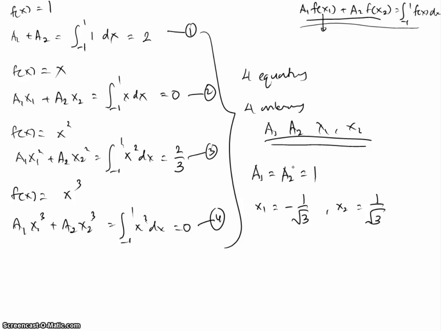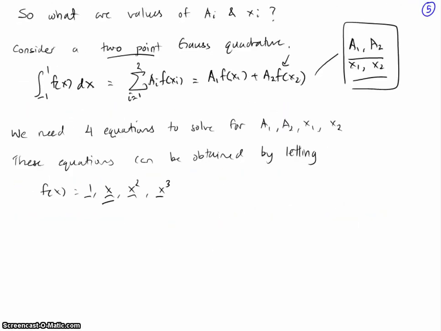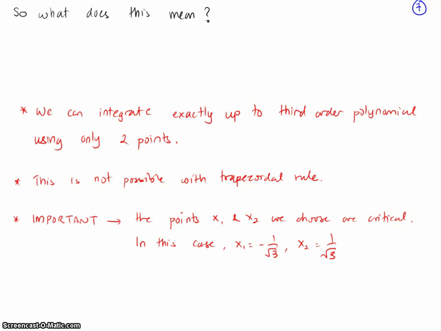So what this means is that from our earlier equation, where is the equation? Yep, this is the one. From our earlier equation, we have the integral of f(x) from minus 1 to 1 can be written as the summation from i = 1 to 2 of ai f(xi), and we know that this is equal to a1 f1 plus a2 f2.